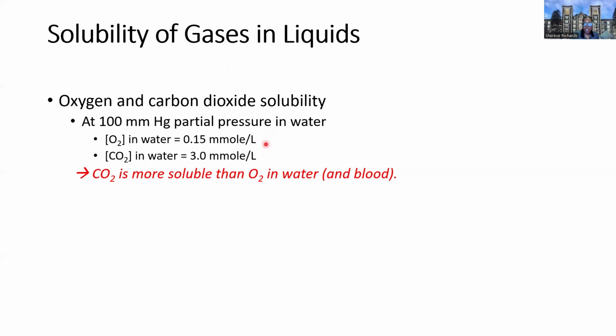So this simply tells us, comparing oxygen and CO2 at the same partial pressure, more CO2 moves from the vaporized form and dissolves into that liquid than oxygen. So that overall tells us CO2 is more soluble than oxygen in water. And for our purposes, we want to apply that to our physiology, in the blood. So CO2 is more soluble, dissolves easier into our blood than oxygen does.